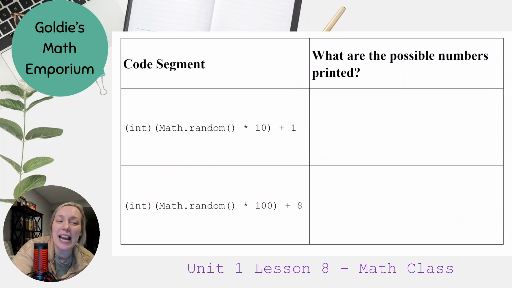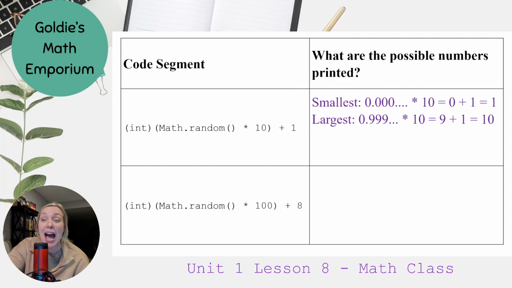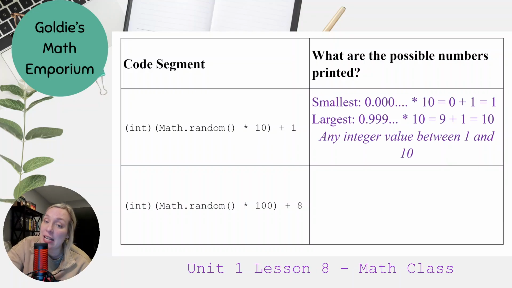So here, notice I have the same code segment I've been working with. Now I have a +1. We know that this gives us any integer from 0 to 9. If I add 1 to the lower and upper boundary, now the lower boundary is 1 and the upper boundary is 10. So this gives me any integer value between 1 and 10.